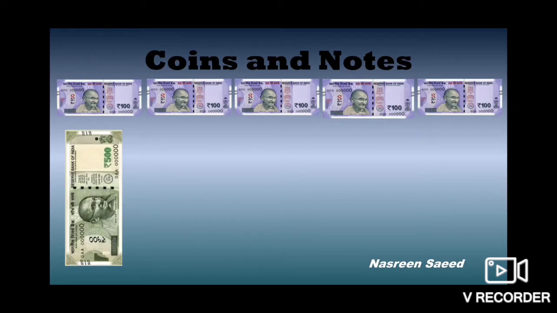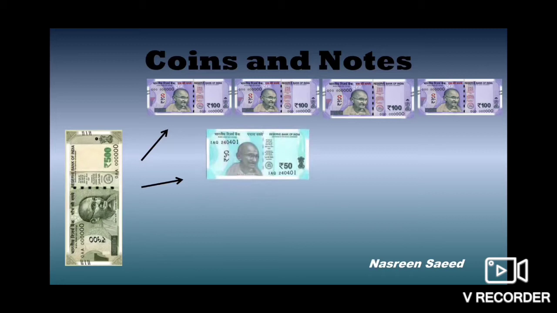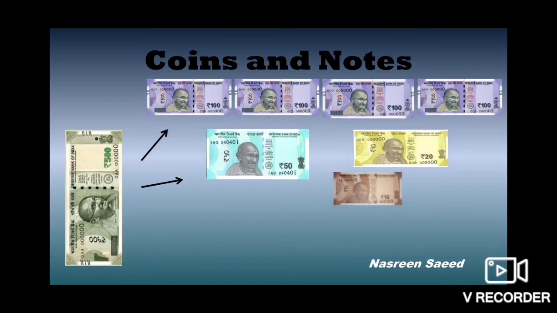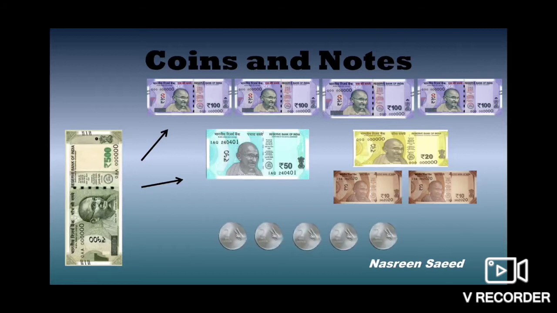So he gives 100 back to the shopkeeper, and instead of that 100, now he is having 4 100 rupees notes, and instead of 100 he will be having 50 rupees, then 20, that is 70 rupees, plus 10, that is 80, plus 10, that is 90. So now he is having total 490 rupees plus the coins.